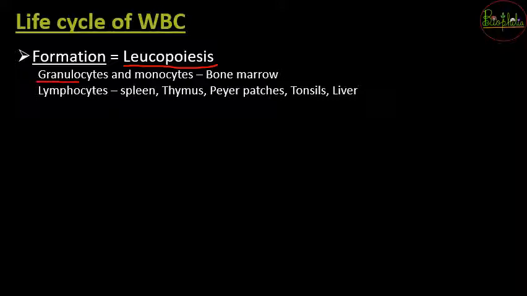So granulocytes or monocytes जो होते हैं, they are going to be formed in bone marrow, whereas the lymphocytes producing antibodies are going to be formed in spleen, thymus, Peyer's patches and tonsils along with liver. So these are the organs or places wherein the lymphocytes are going to be formed.